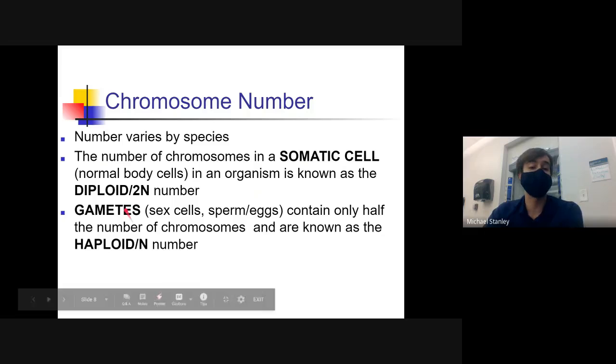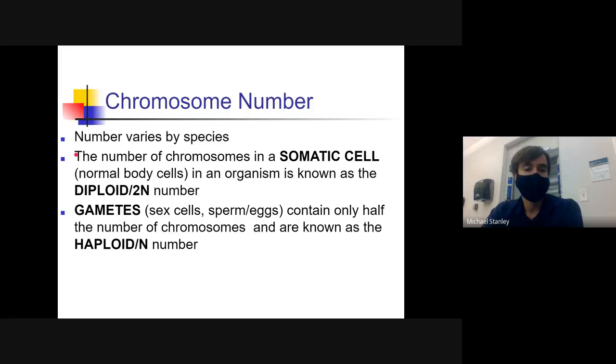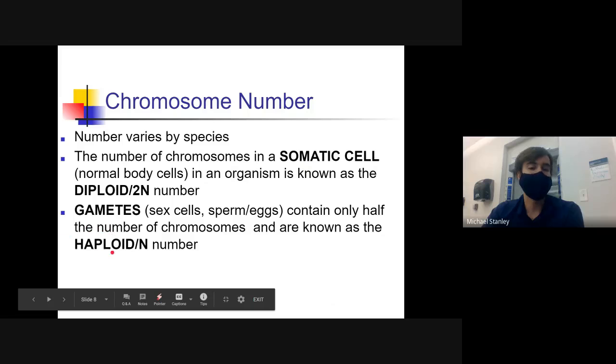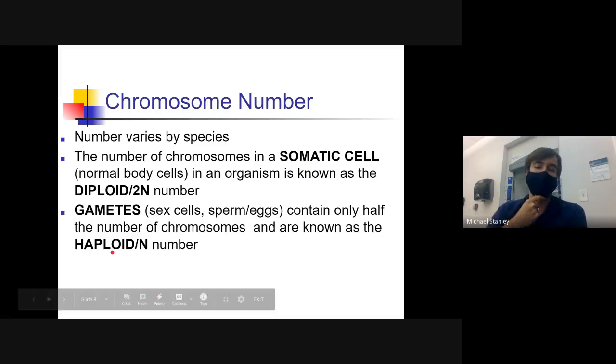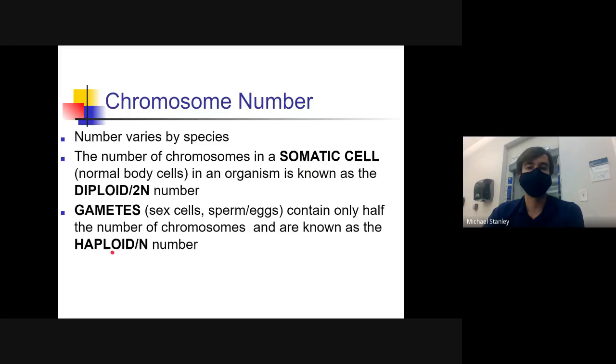We're going to talk a lot more about gametes and haploid cells in our class tonight. So a diploid cell is our normal somatic cell, 2 copies of every chromosome. Gametes, sex cells, are haploid cells, only 1 copy of every chromosome.